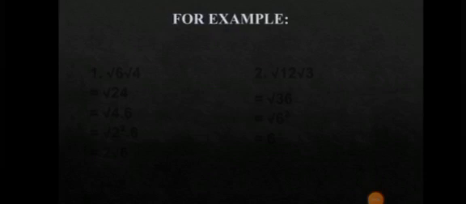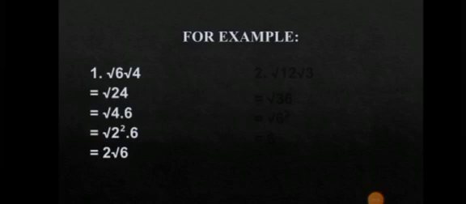So, for example, we have square root of 6 times square root of 4. Square root of 6 multiplied by square root of 4 is square root of 24. Then, find two numbers where one is a perfect square.